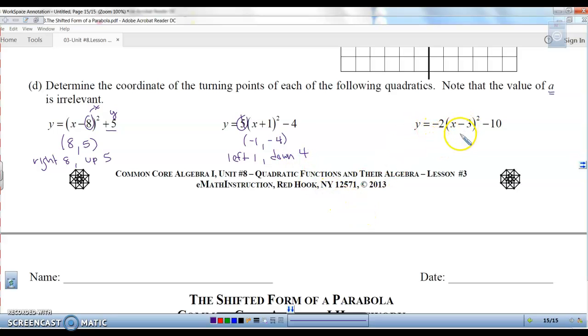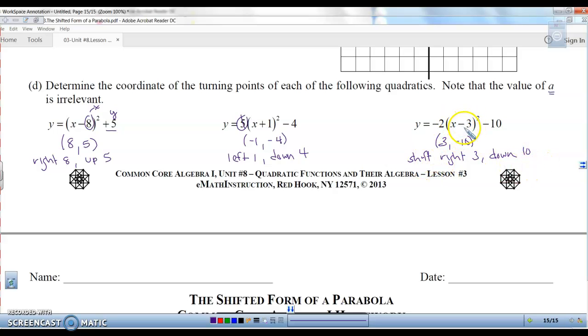Okay, and then this one over here, y equals -2 times x minus 3 squared minus 10. The vertex or turning point is going to be at the opposite of this, the 3, and the same, this is -10. So the shift for this is going to be right 3 and down 10.